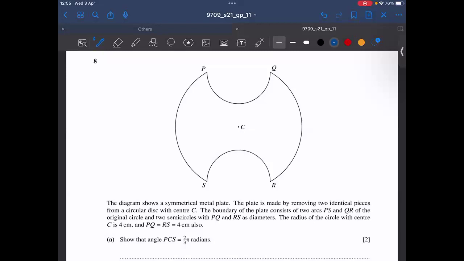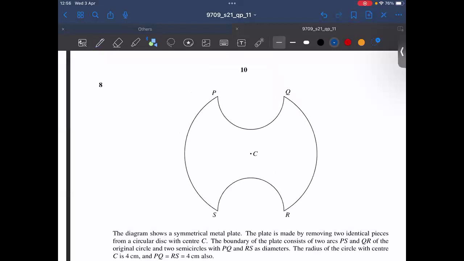So I have PQ and RS. Let me just mark this.